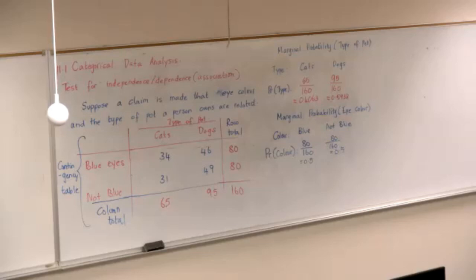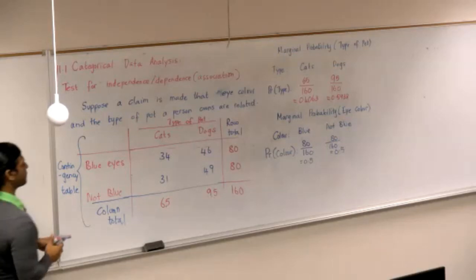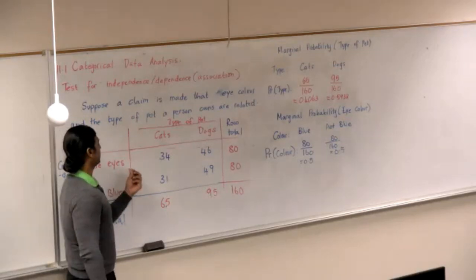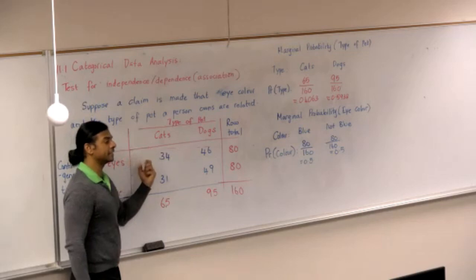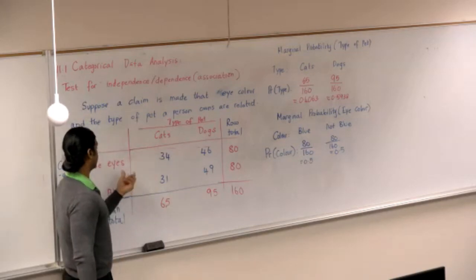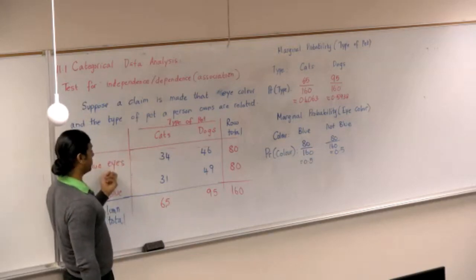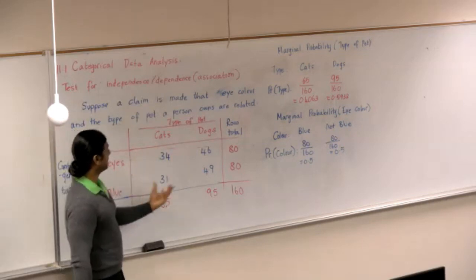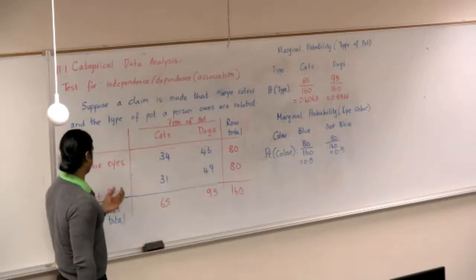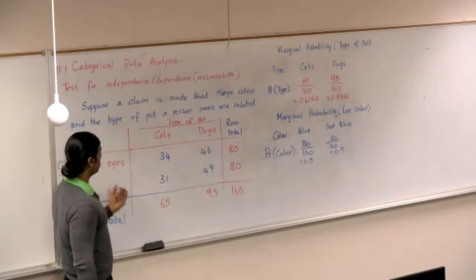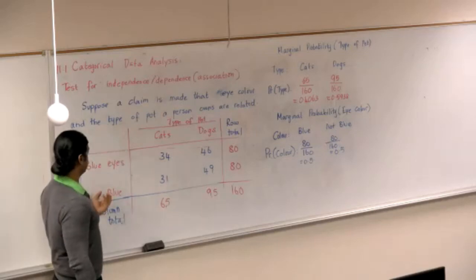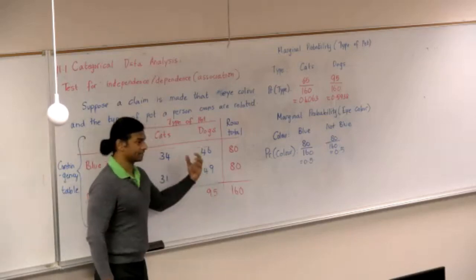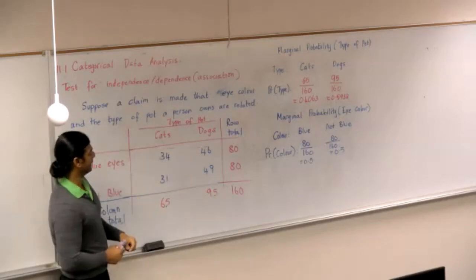So we got marginal probabilities. Now we want to find the chances that they would happen together. What are the chances that a person would have blue eyes and has cats, blue eyes and has dogs, not blue and has cats, not blue and has dogs? Joint probability.